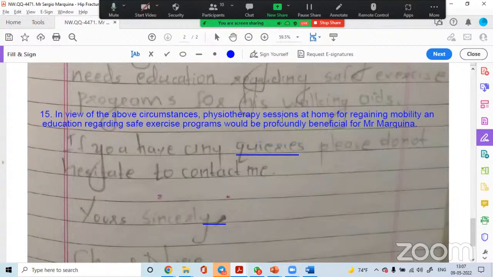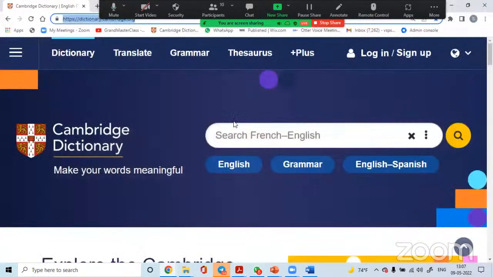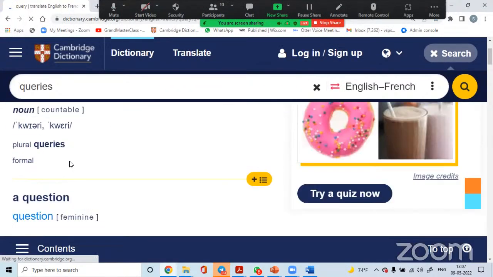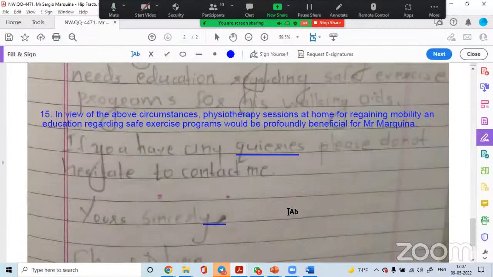Okay, why should I type here? Wait. Queries. That is the spelling. So queries, plural. But what you wrote is something wrong.